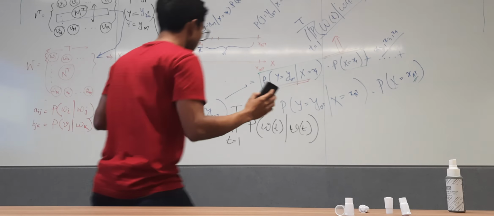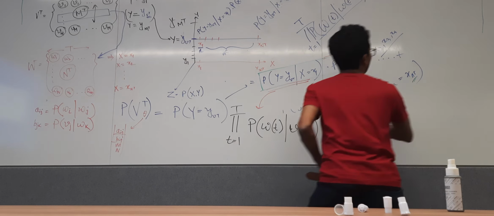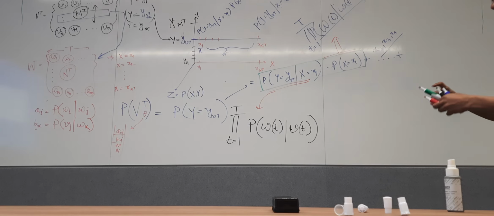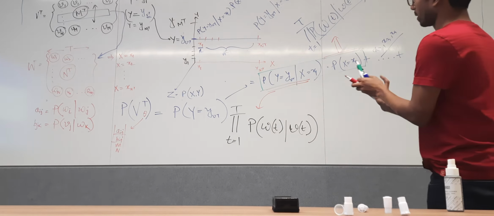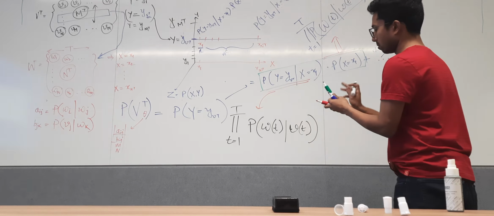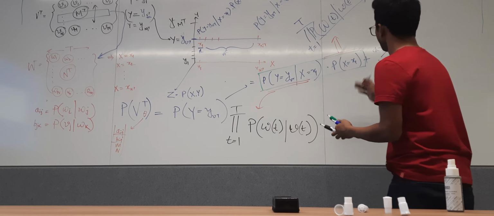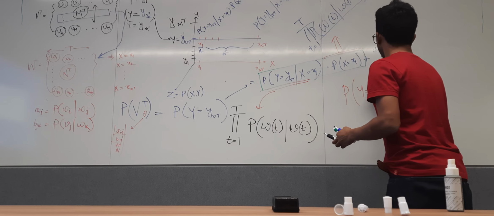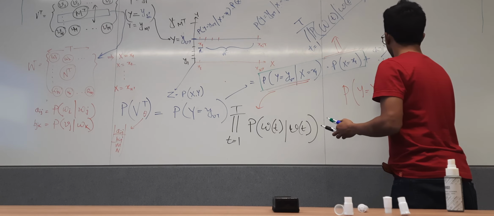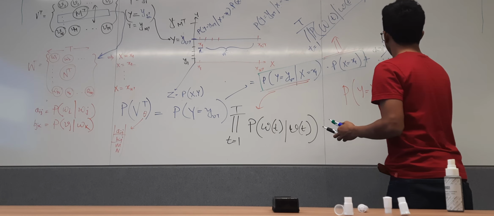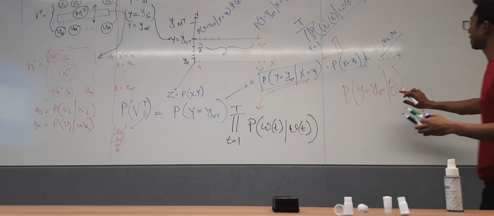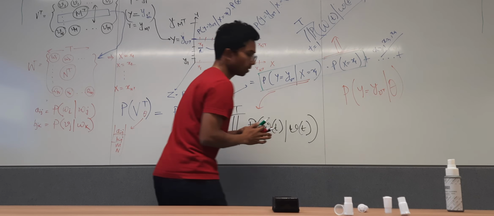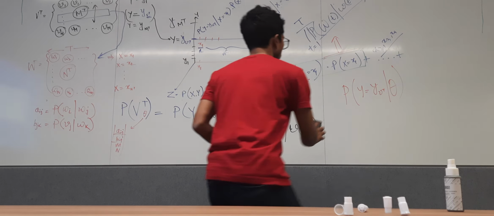So let us see whether we have understood it clearly or not. I can write it down in terms of a formula. Let us use the red color. P of y equals vT, given theta, where I know all the a and b's, and this is the thing I want to know.